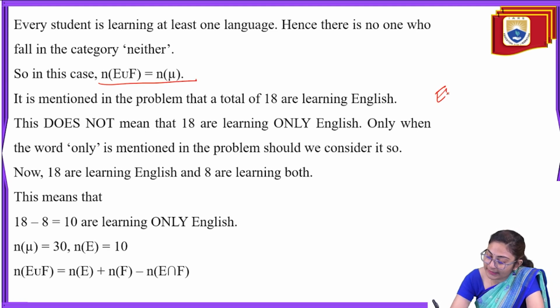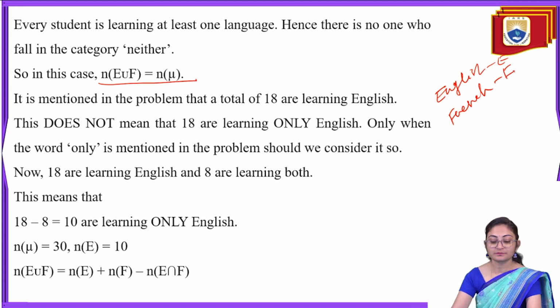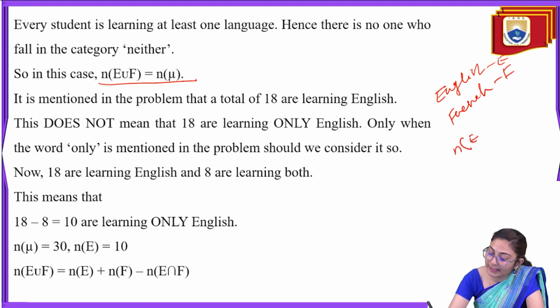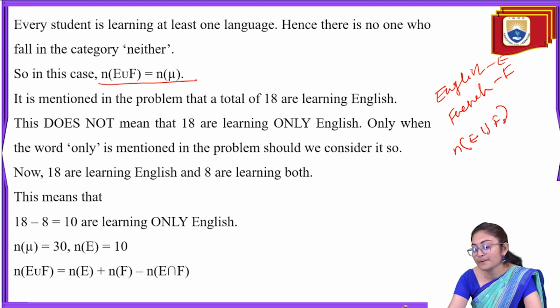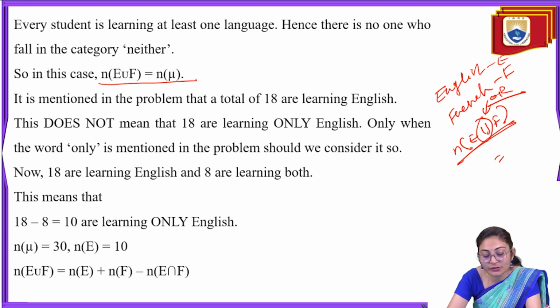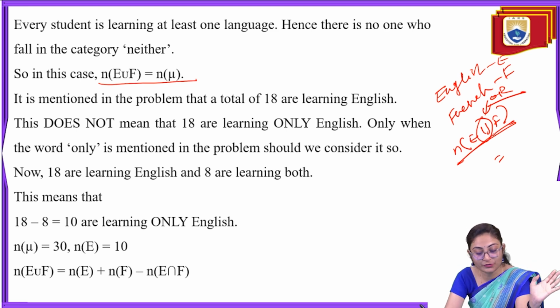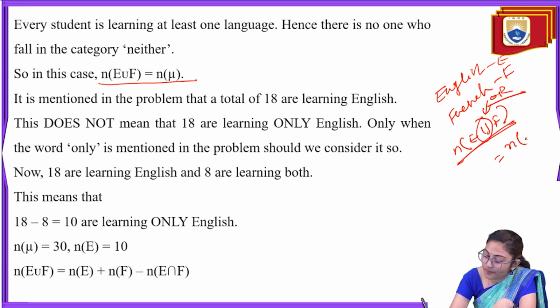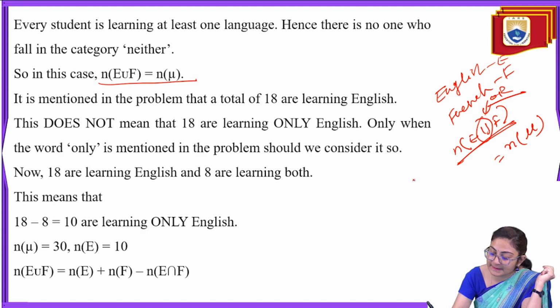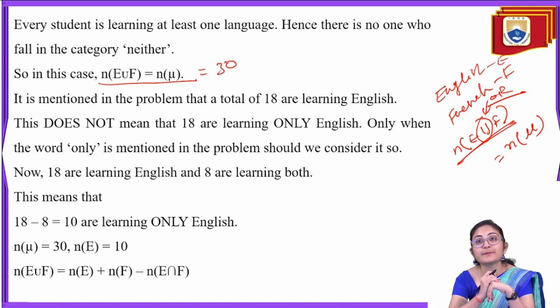For English we denote E, and for French we denote F. So the number of English union French, that means the or condition, either learning English or French, that number is n of E union F, and that is 30.